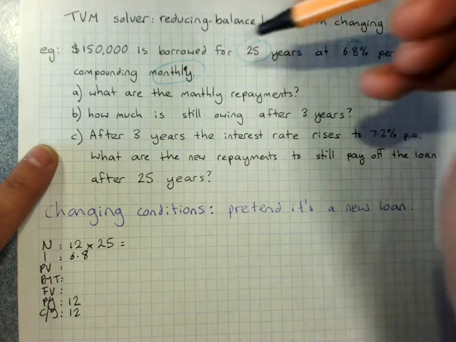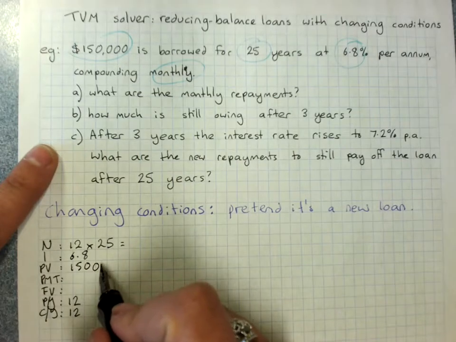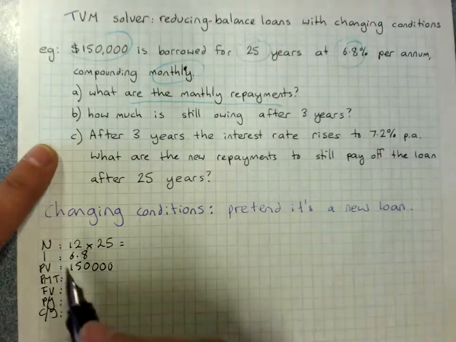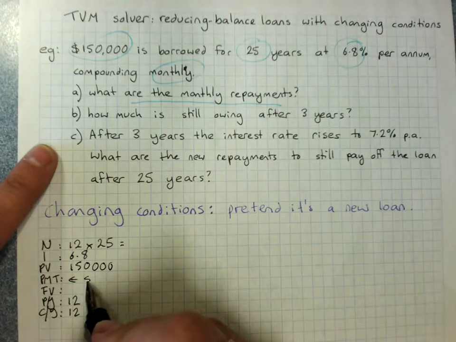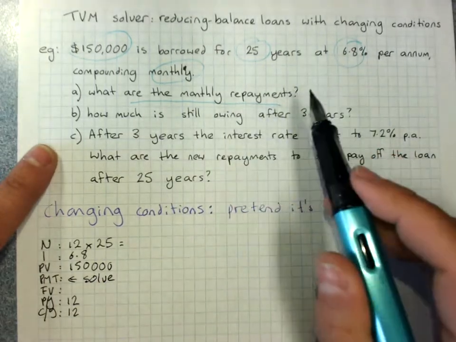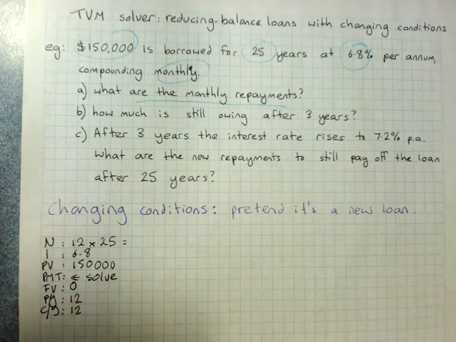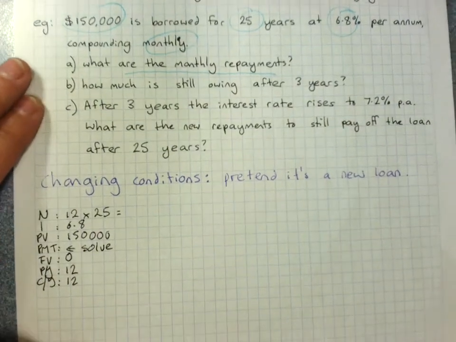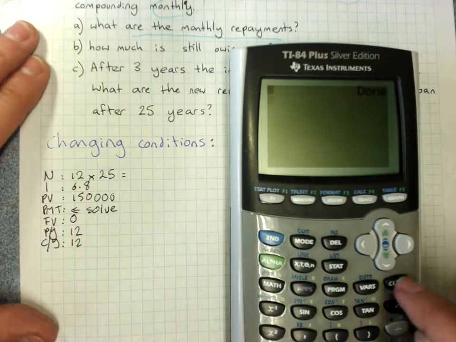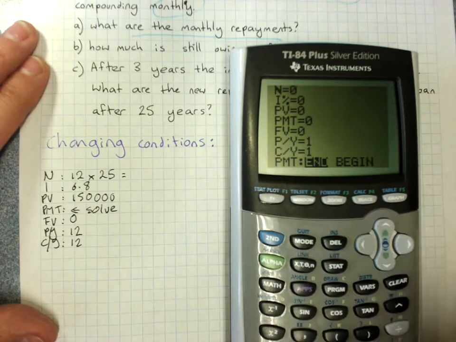Present value, I've got the principal, 150,000. The question is asking, what are the monthly repayments? So I'm going to be solving for my payments. And because I need to pay it off in full, my future value needs to be 0. So as always, have that written down before you start getting carried away with putting it into the TVM Solver.